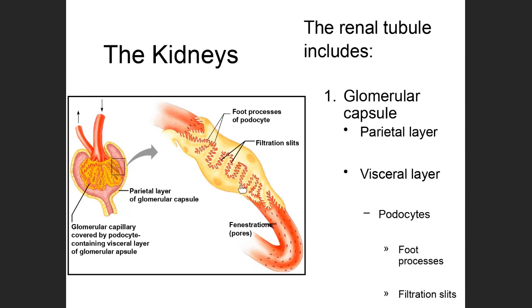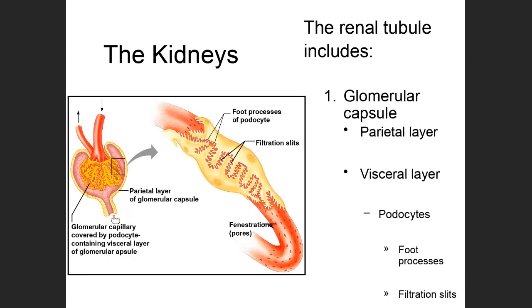And as I said before, basically everything with the exception of blood cells and large proteins in the blood are small enough to fit and actually get pushed out of the blood, which means all of your water, basically all of your sugar, all of your ions, your vitamins, minerals, nutrients, those kinds of things get pushed out of the filtration slits, out of the glomerulus, and start to build up in the glomerular capsule before they drain down into further segments of the renal tubule.